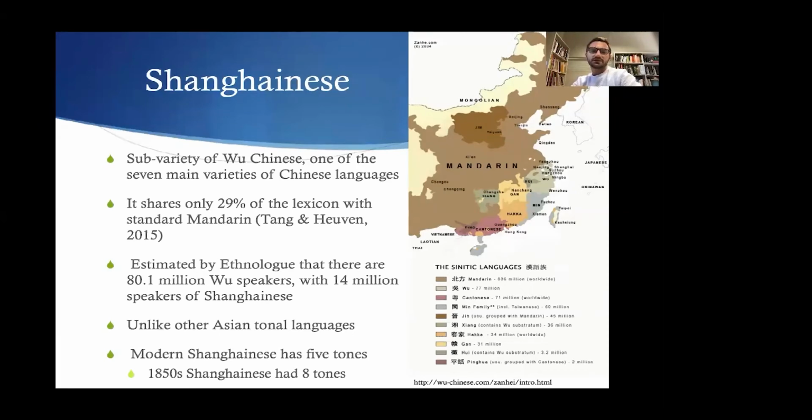It's not very similar to other Asian tonal languages. It's actually more similar to African tonal languages. And modern Shanghainese has 5 tones, but in the 1850s, when this writing system was invented, it had 8 tones.